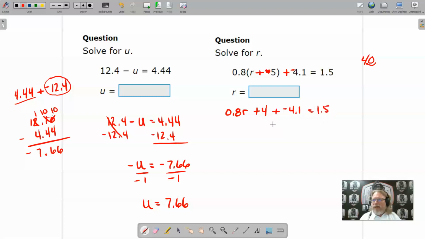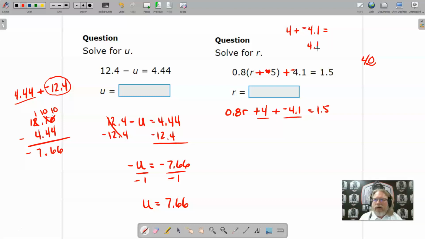Now we can combine some like terms, and that is going to be this plus 4 and the plus negative 4.1. So if we look at that over here, we have 4 plus negative 4.1. What does this equal? Well, it is a positive being added to a negative, so we know we actually need to subtract.